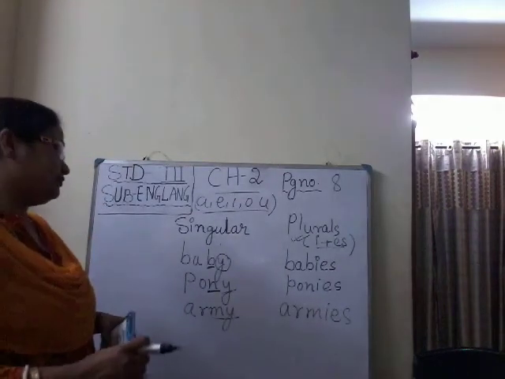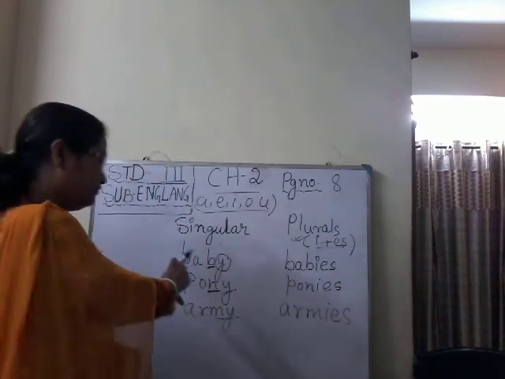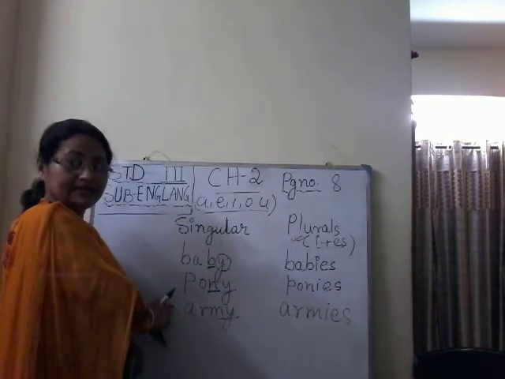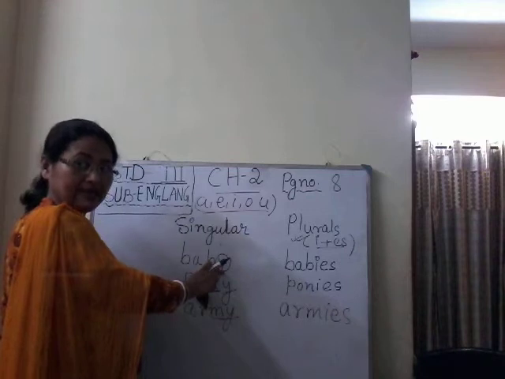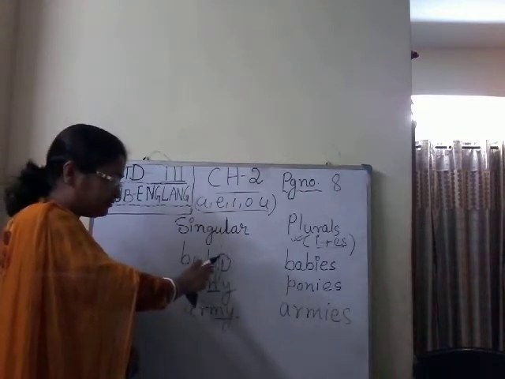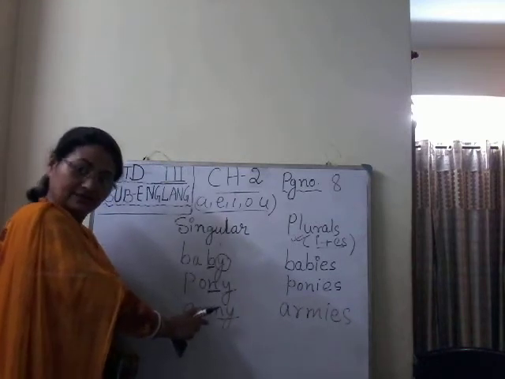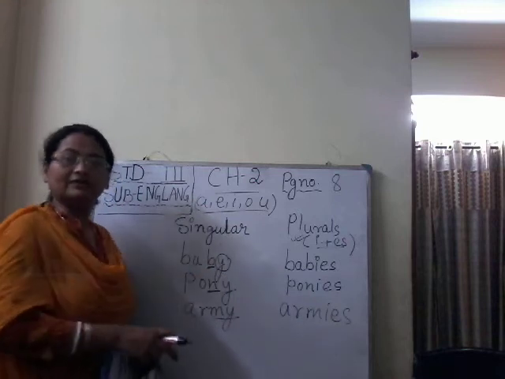So this way we will form the plurals of the nouns that end with Y, and we have to see whether the letter just before Y is a vowel or a consonant. Okay. So this is the formula for consonants.